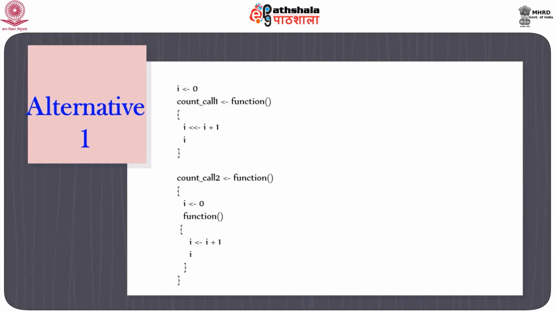So, these are retained all along the function. Here, count_1 is a function where we are not actually using a closure, and count_call_2 is a function where we are using a single assignment operator, unlike the double which we discussed earlier.